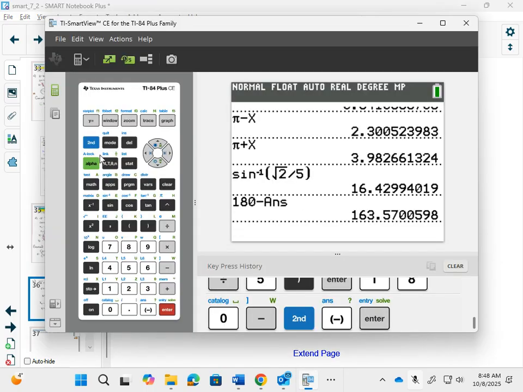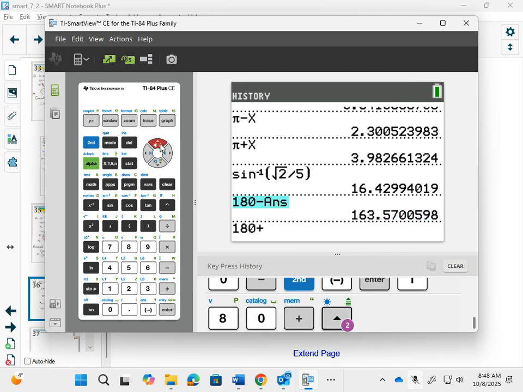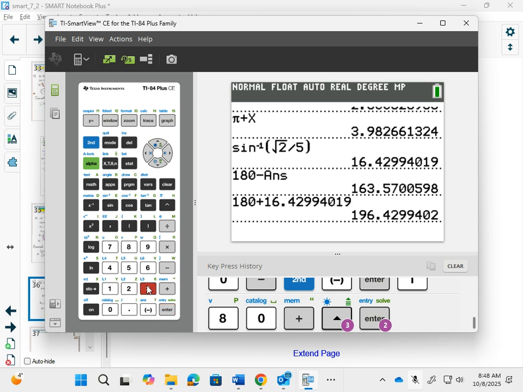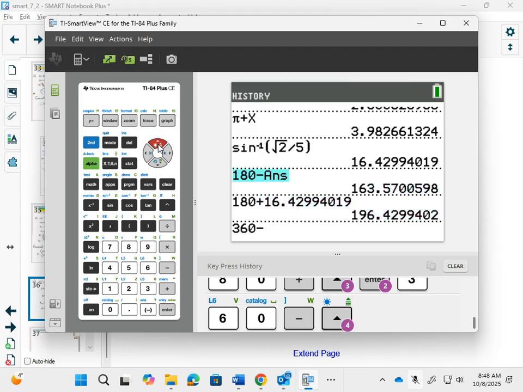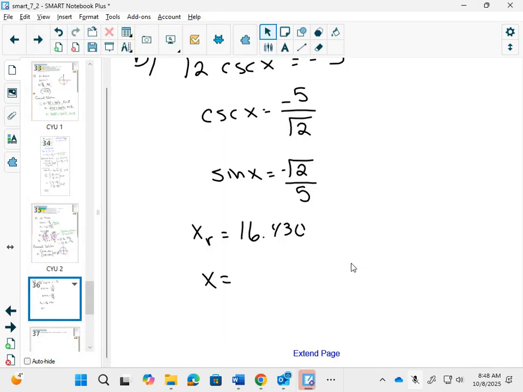So I'm going to take 180 plus my reference angle and 360 minus my reference angle. Should have used the store button, but it's okay. And to the nearest degree, this one will be 196, and this one will be 344.